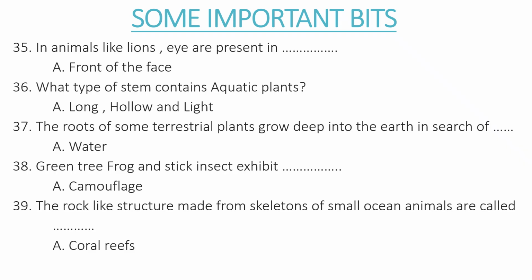In animals like lions, eyes are present in front of the face. What type of stem contains aquatic plants? Long, hollow, and light. The roots of some terrestrial plants grow deep into the earth in search of water.